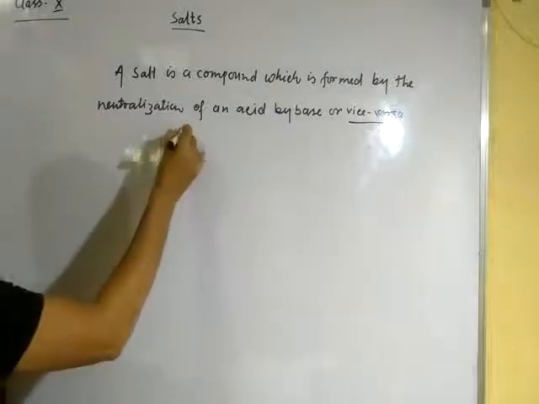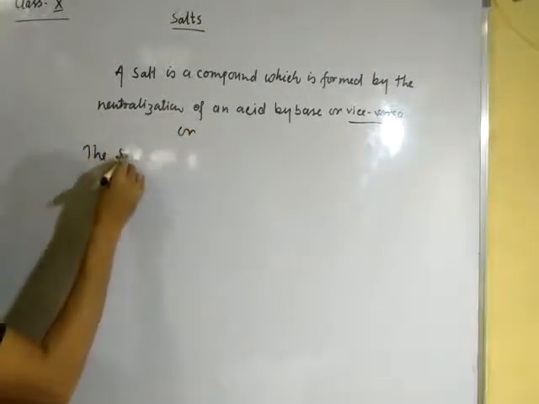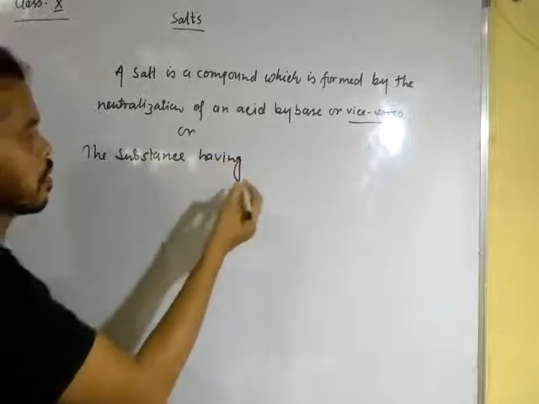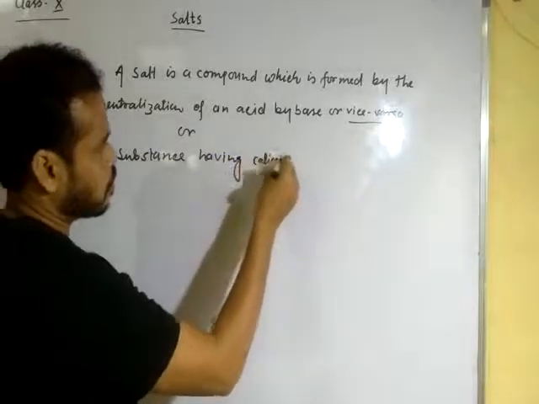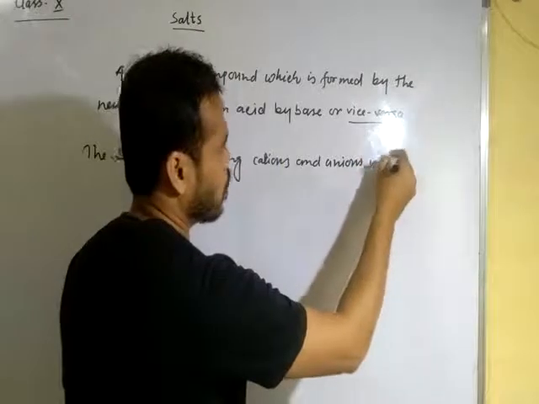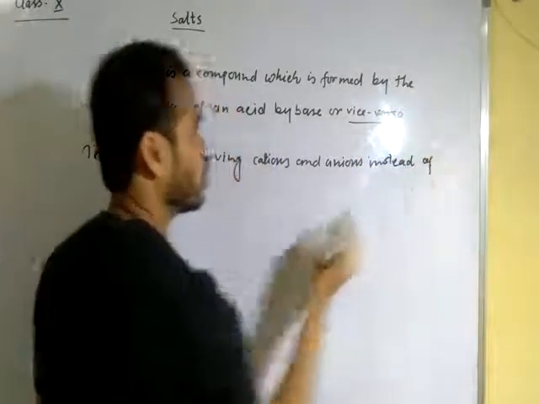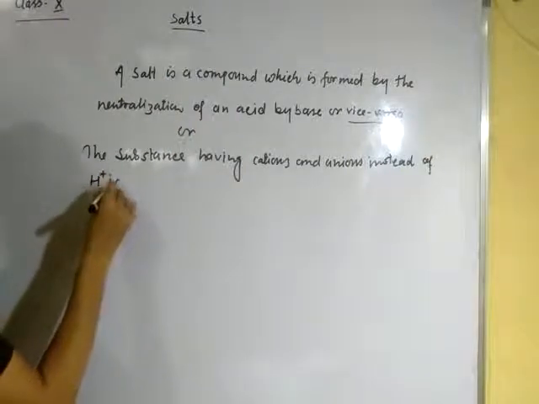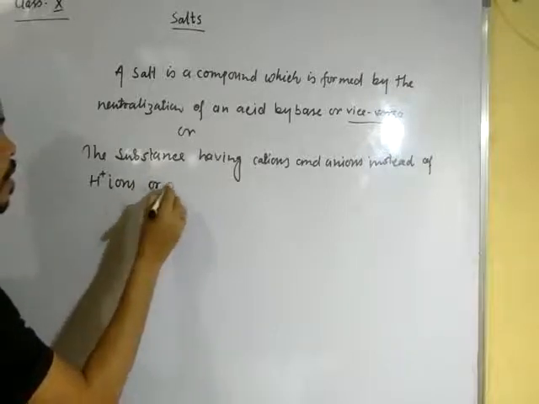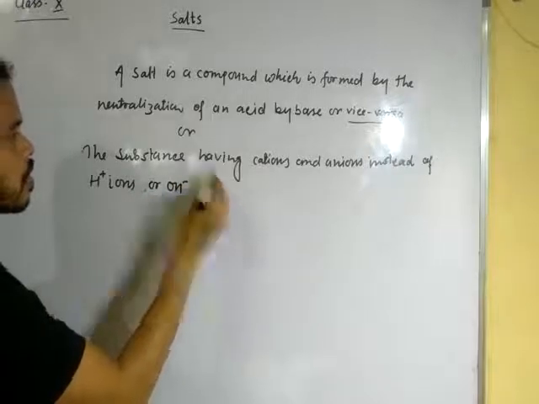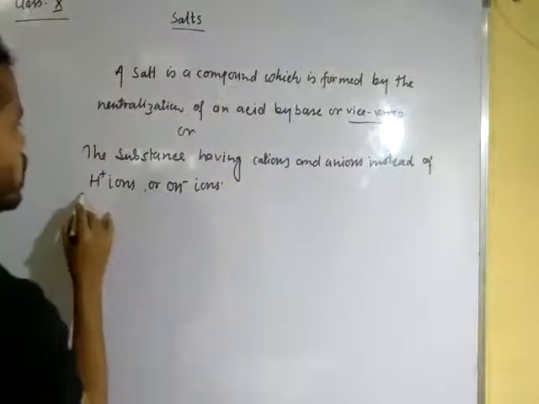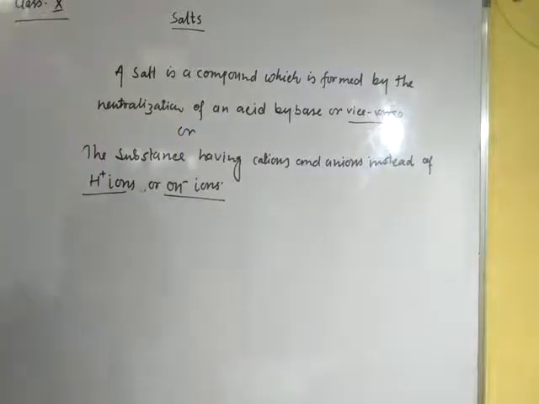Another definition is: the substance having cations and anions instead of H plus ion or OH minus ions is called salt.